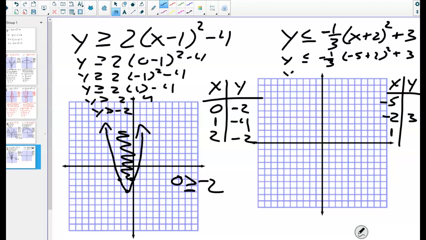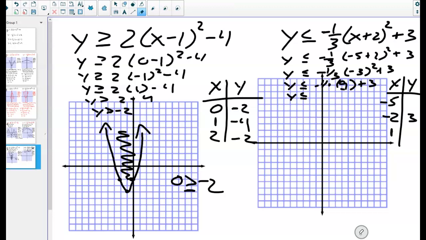And that's what I'm squaring. -1/3 times -3 squared, plus 3. -3 squared is 9. -1/3 times 9 is -3, plus 3, so I get 0. And I get a (1, 0) there as well. Okay?